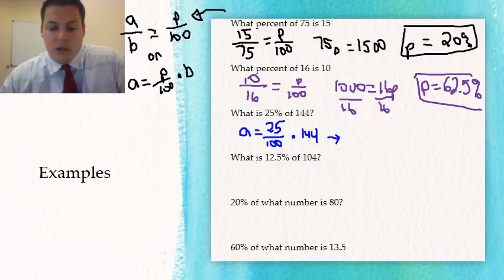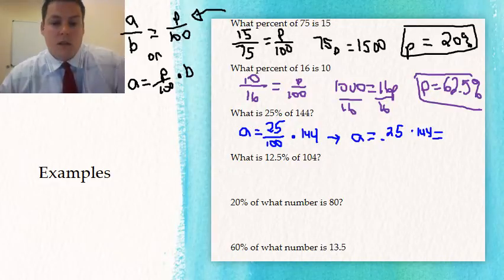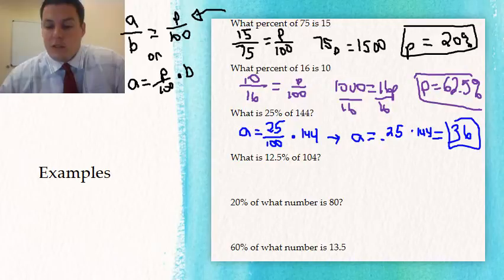Or I can think of this and plug it into my calculator as A equals 0.25 times 144, which equals 36. So 25% of 144 is 36.